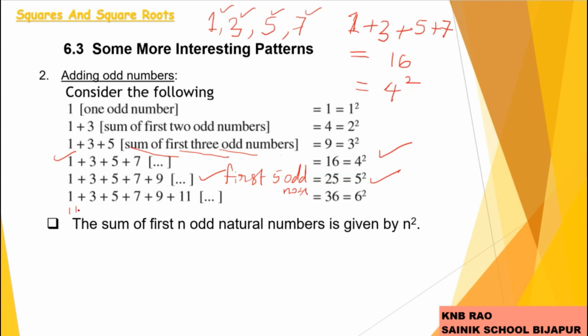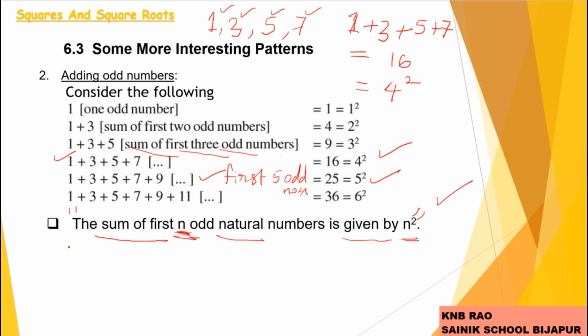So we need to know that nth odd number. Here, sum of first n odd natural numbers is n square.